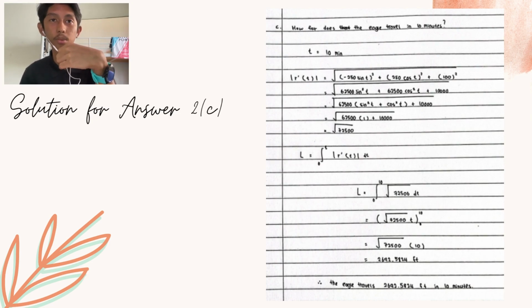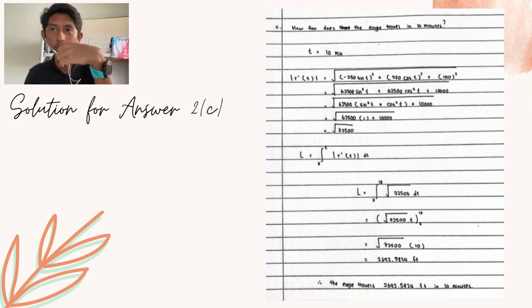Saya akan menjawab soalan untuk 2C. How far does the eagle travel in 10 minutes? Dari sini dia dah bagi expression for the helical path, r(t) sama dengan 250 cos t, 250 sin t dengan 100t. Kemudian dia dah bagi juga masa dia adalah 10 minit, iaitu t sama dengan 10 minit.